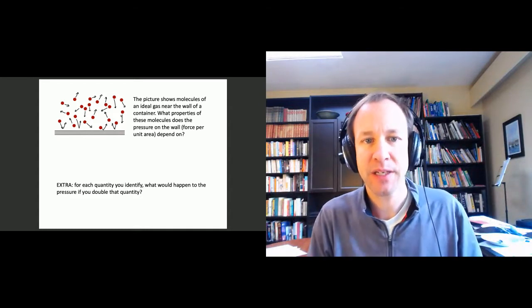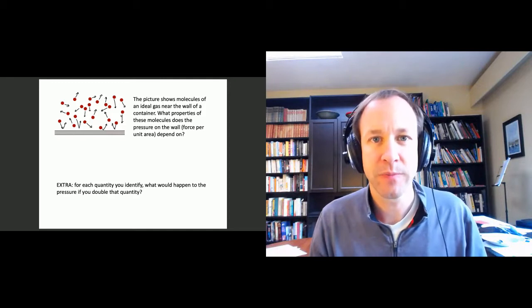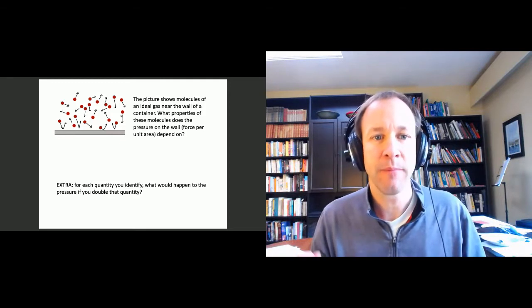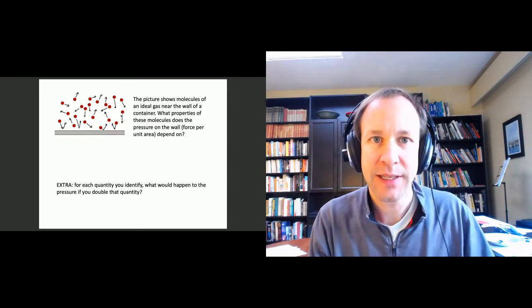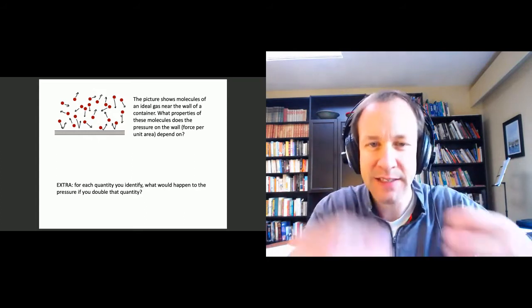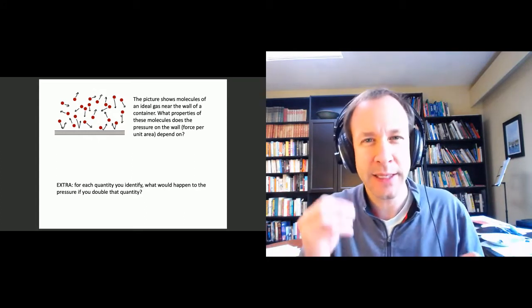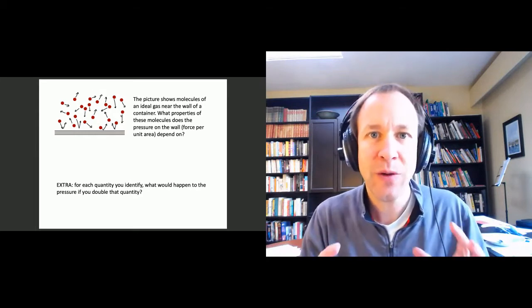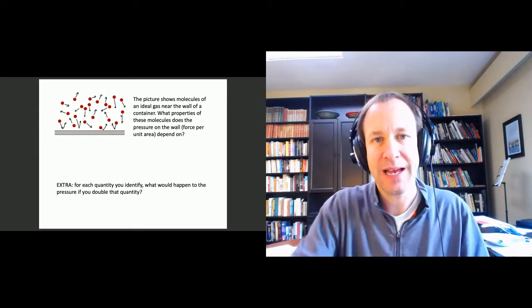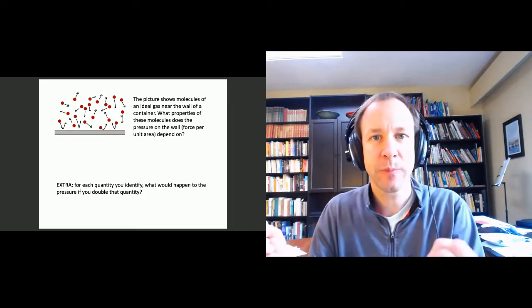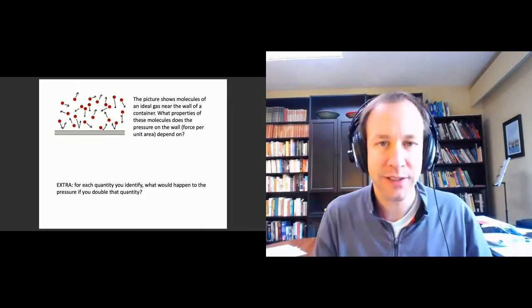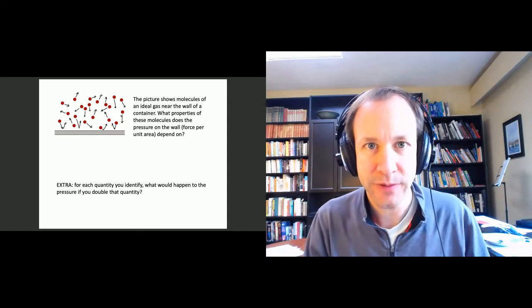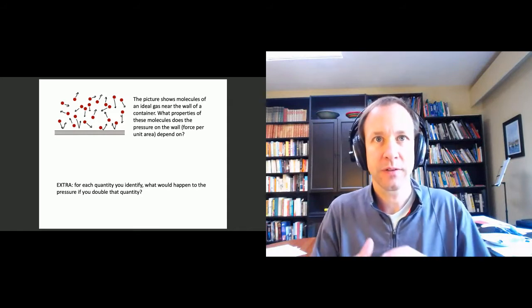I can imagine that picture, but half of the molecules would be absent. What that would mean is that we could say that the density of molecules, or more specifically the number density, the number per volume, would affect the pressure, because if you had fewer molecules per volume, then you're going to have fewer collisions, and so it's going to be less of a force on the wall. Okay, so that was one thing.